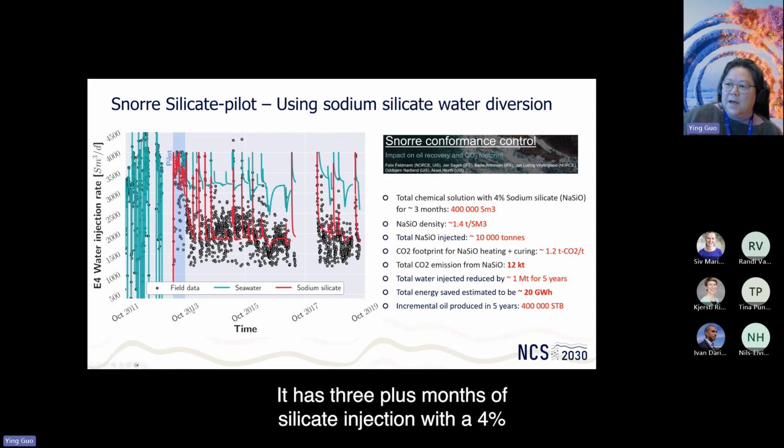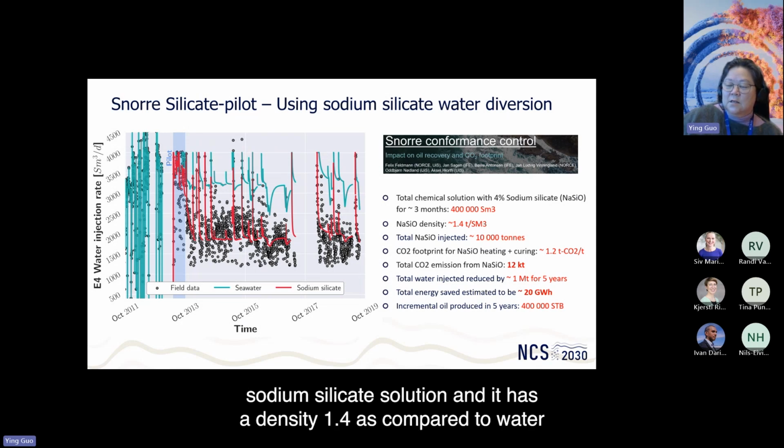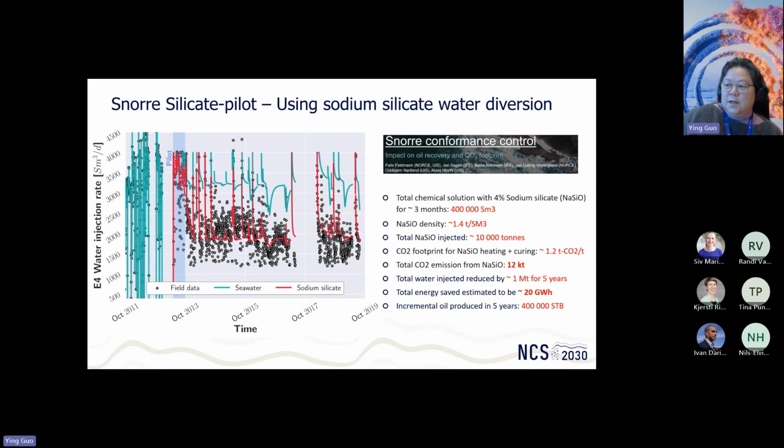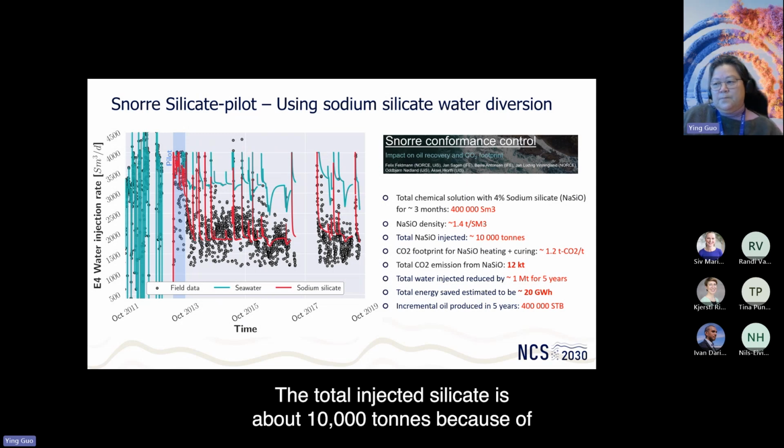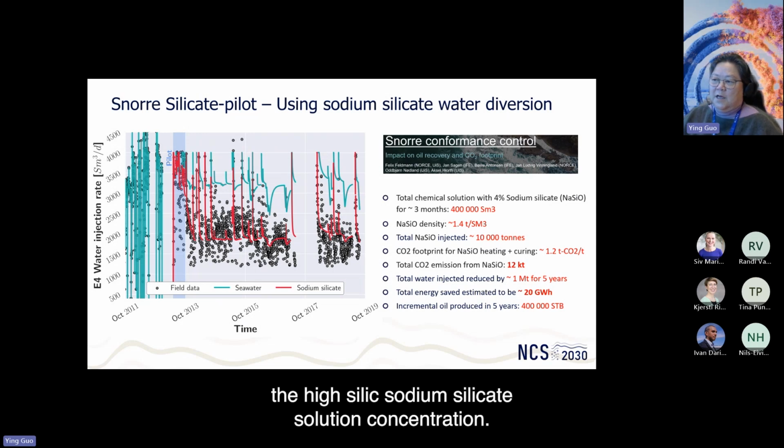It has 3+ months of silicate injection with a 4% sodium silicate solution, with a density of 1.4 compared to water. The total injected silicate is about 10,000 tons because of the high sodium silicate solution concentration.